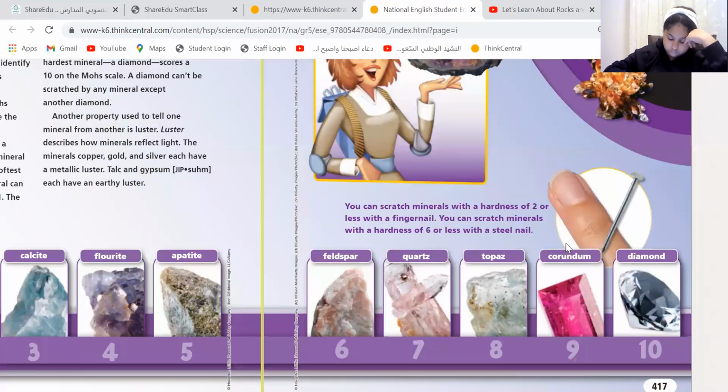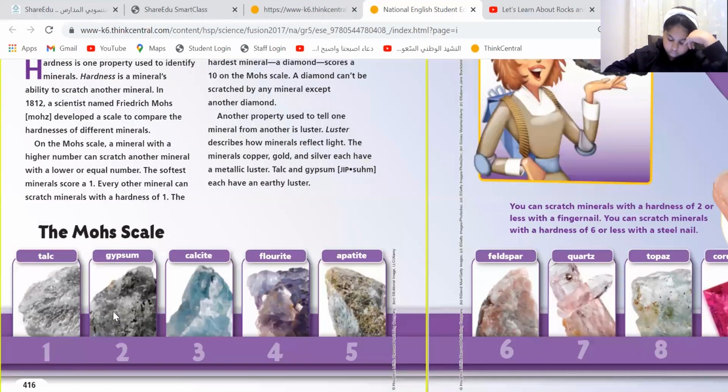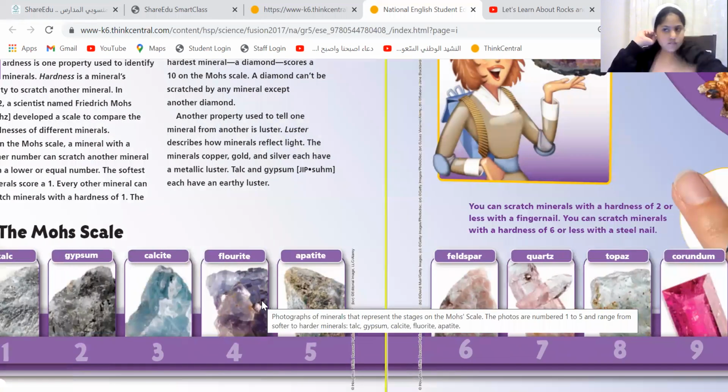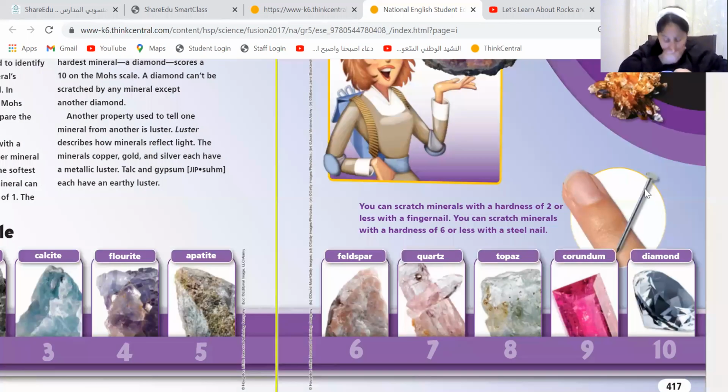So, we can scratch minerals with a hardness of 2 or less with a fingernail. So if it's this one, the talc or the gypsum, we can what? Scratch them using what? Our nails, all right? But you can scratch minerals with a hardness of 6 or less with a steel nail. So you need a steel nail to scratch them.